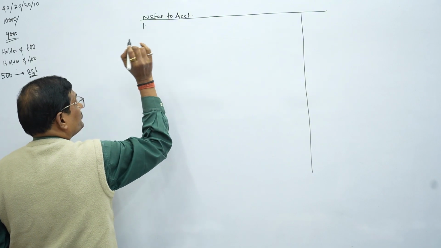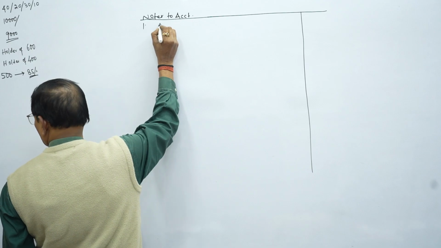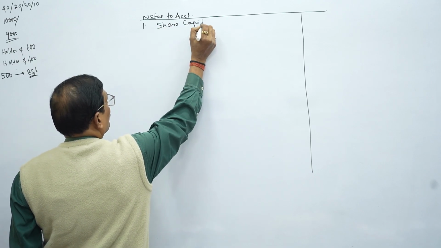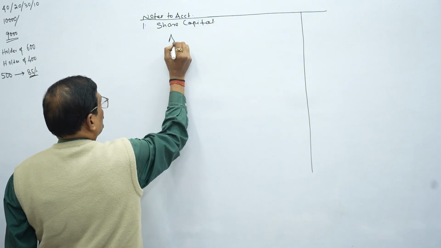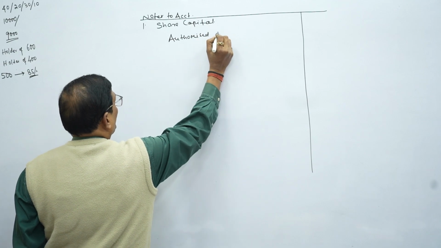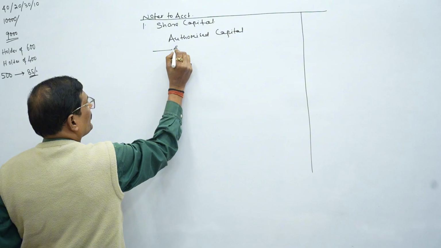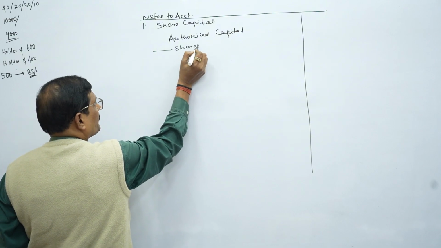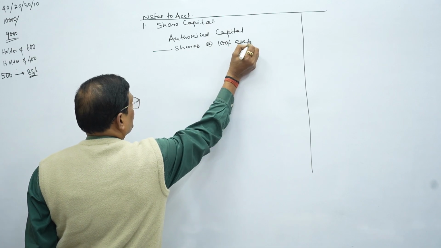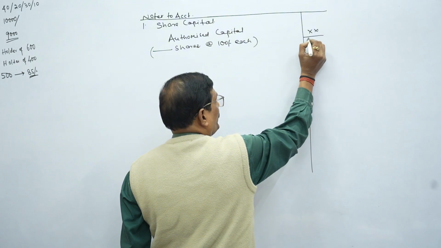Note number 1. First one is share capital. That is authorized capital. No specific amount is there, but you have to write at the rate of 100 each, and immediately close it.